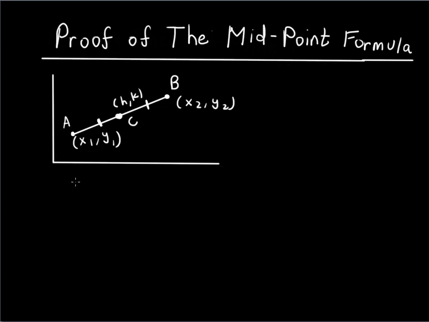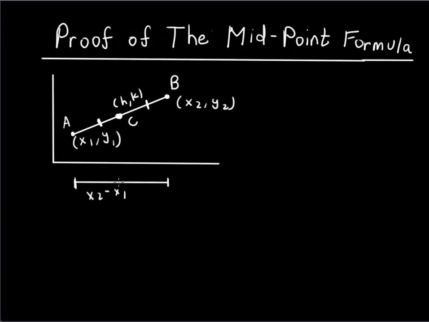First, we're going to try and divide the x value between A and B into 2. So this would be the x value of AB, like the x length. It would be x2 minus x1, right, between A and B. And so we have to wonder where C would be.